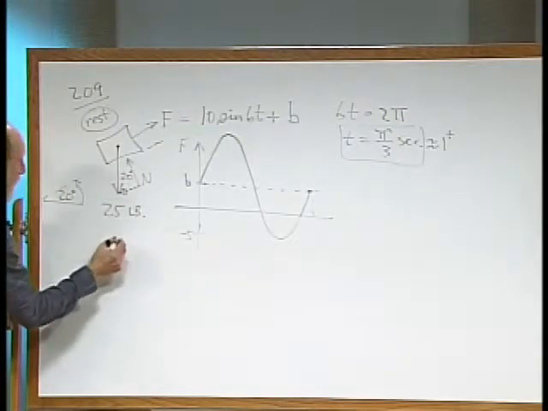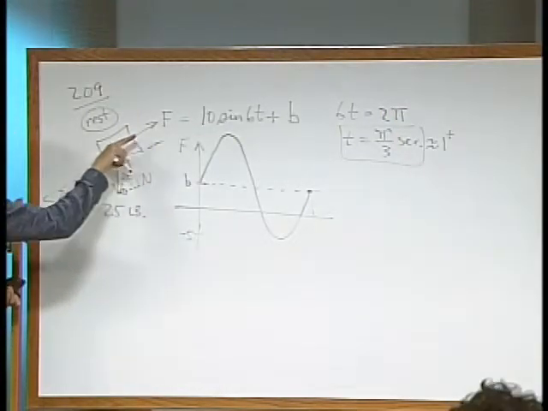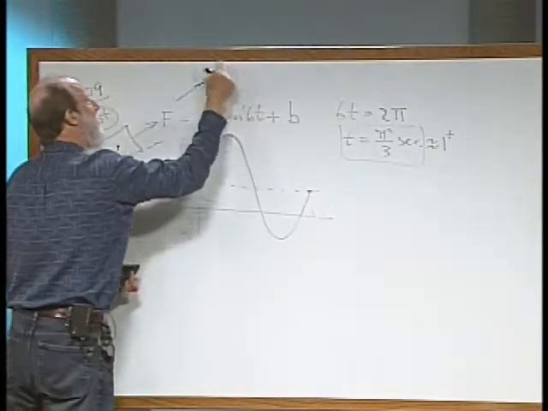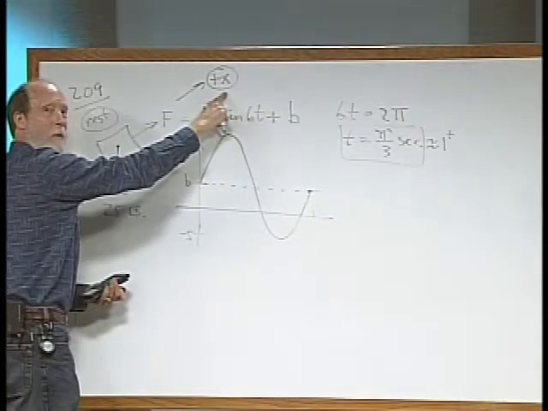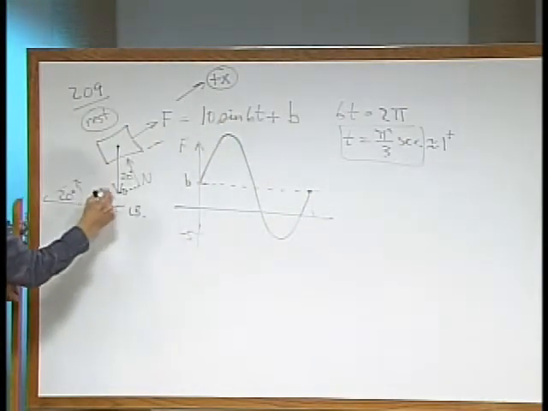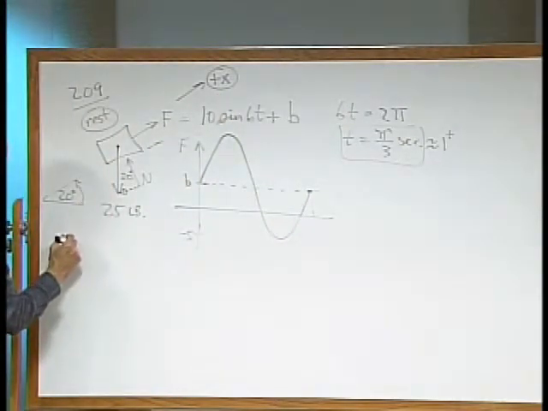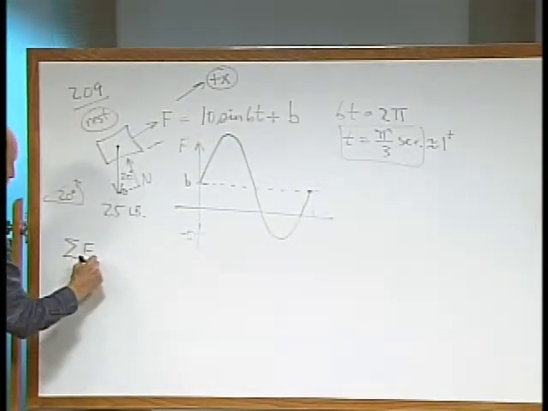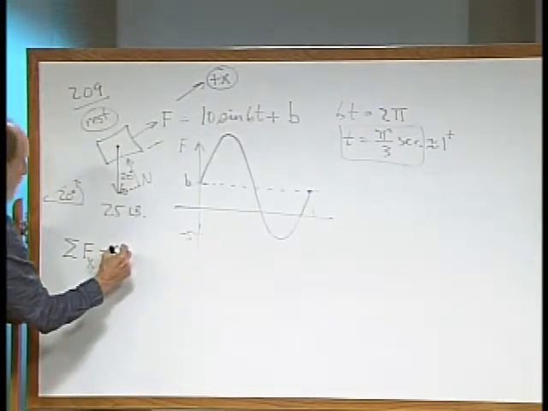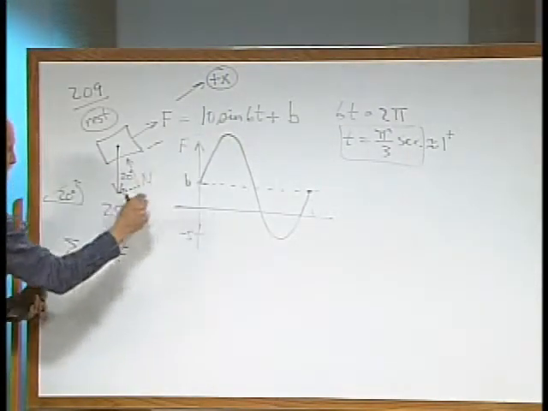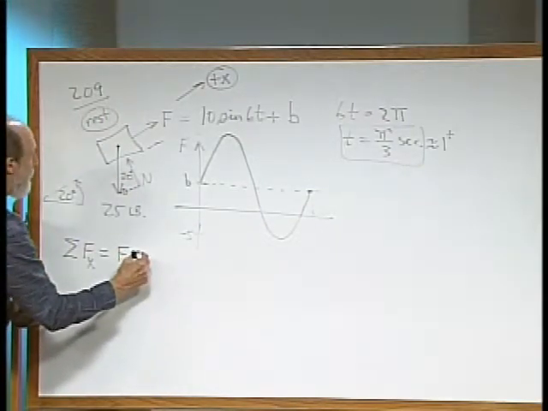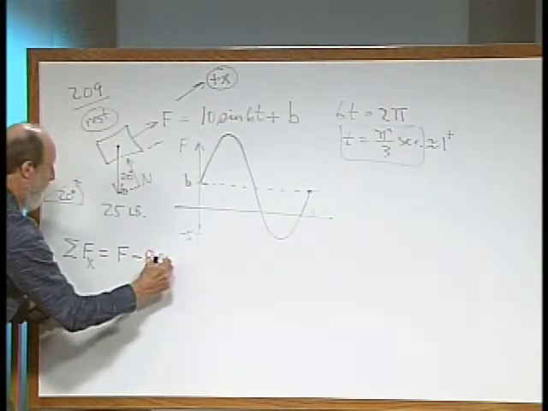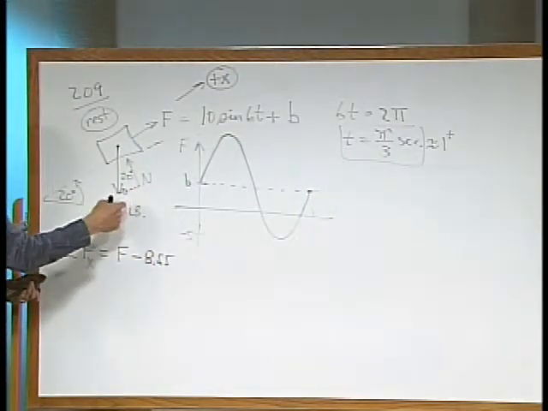So if I call the direction up the ramp positive x, then our net force, or in other words, our sum of forces acting in the x direction, is going to be equal to our F loading due to the sinusoid minus 8.55, which is that sine component of 25 pounds.